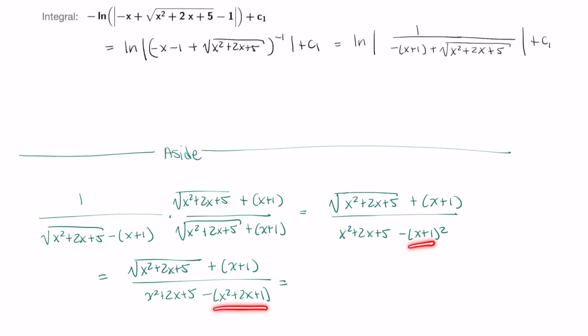Multiplying this out gives us this polynomial here, and then you should already be noticing that I'm going to have a positive x squared and a negative x squared, a positive 2x and a negative 2x, and then positive 5 minus 1. This will leave me with, okay, so let's put all of this in here.